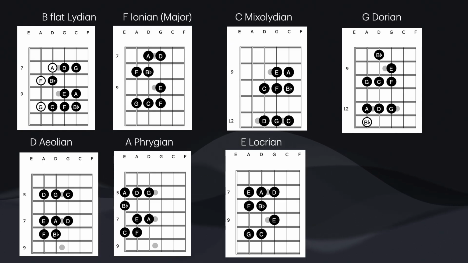Or you could play it on the three notes on the same string. Then we go to the D Aeolian, and the A Phrygian, and then the E Locrian.